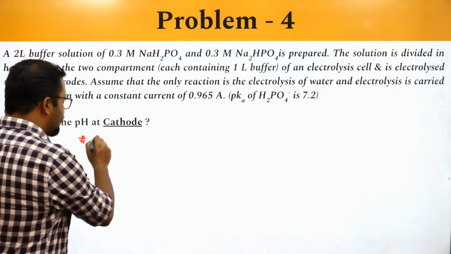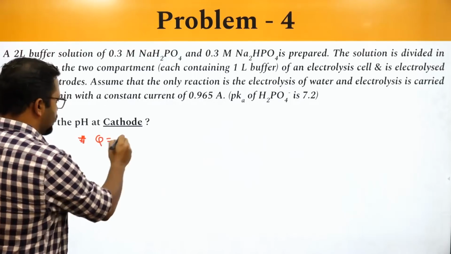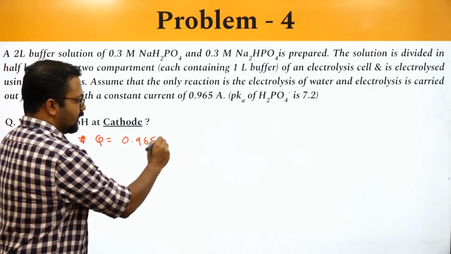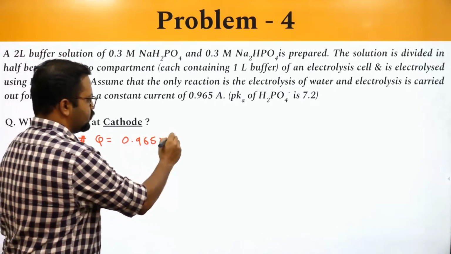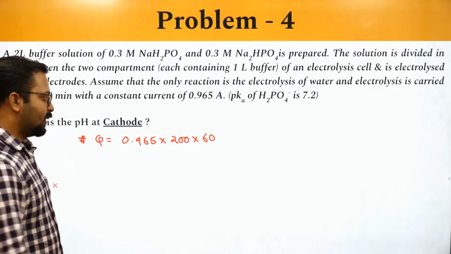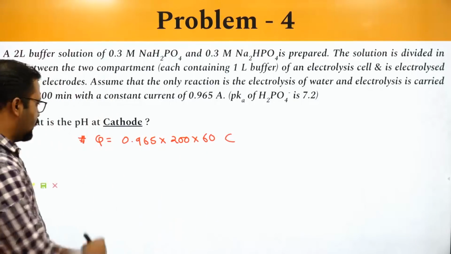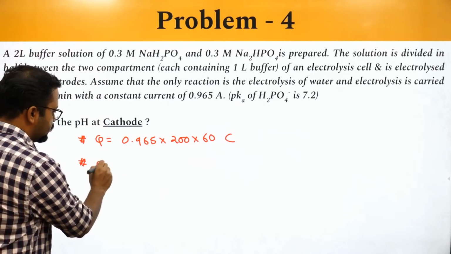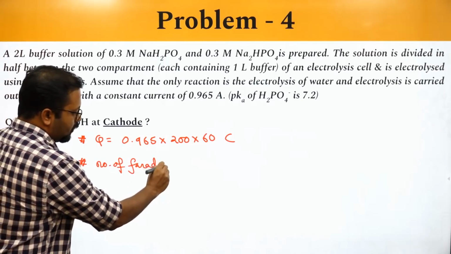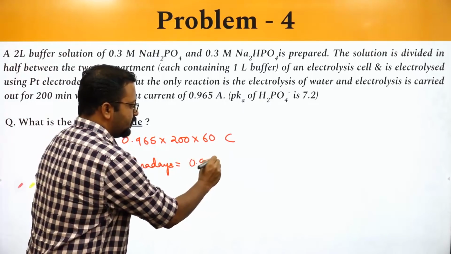So let's look at how much charge is flowing. So Q is equal to current, which is 0.965, times time, which is 200 times 60. This is the total charge, in coulombs. Number of Faradays will be 0.965 times 200 times 60 by 96500.